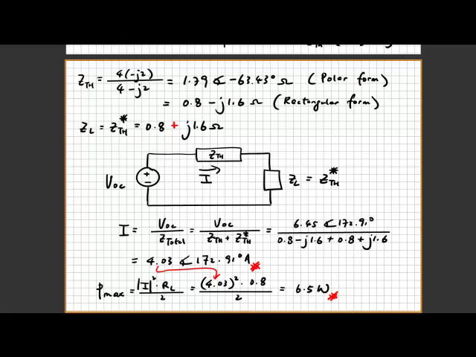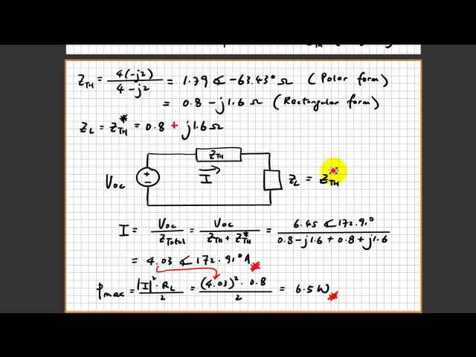If you wonder how I apply all these equations, you may go to page 443 of the textbook, section 9.3. At the bottom of that page there's a problem-solving strategy for maximum average power transfer, from step 1 to step 3, and the Z load is indicated as Z Thevenin conjugate in step 3.